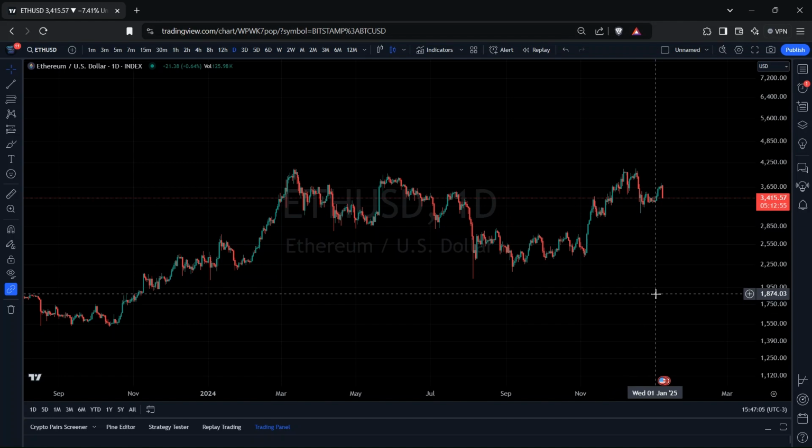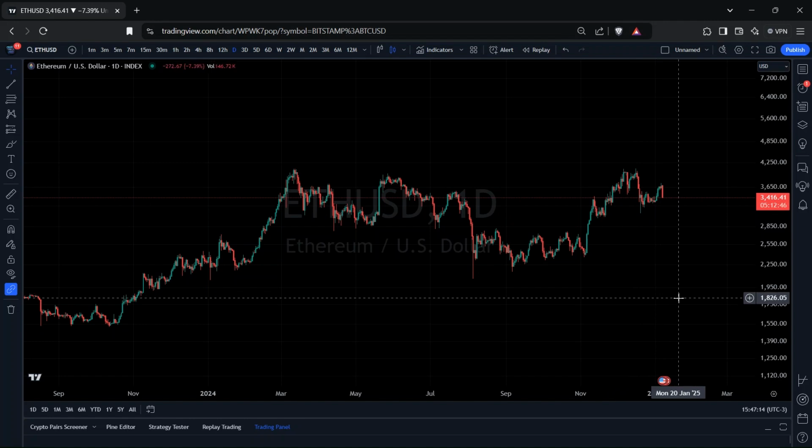I am on my TradingView account, and first things first, I always switch to logarithmic chart when looking at bigger moves over time. So when you scroll your mouse around the price area here in this column, you will see the letter L here.